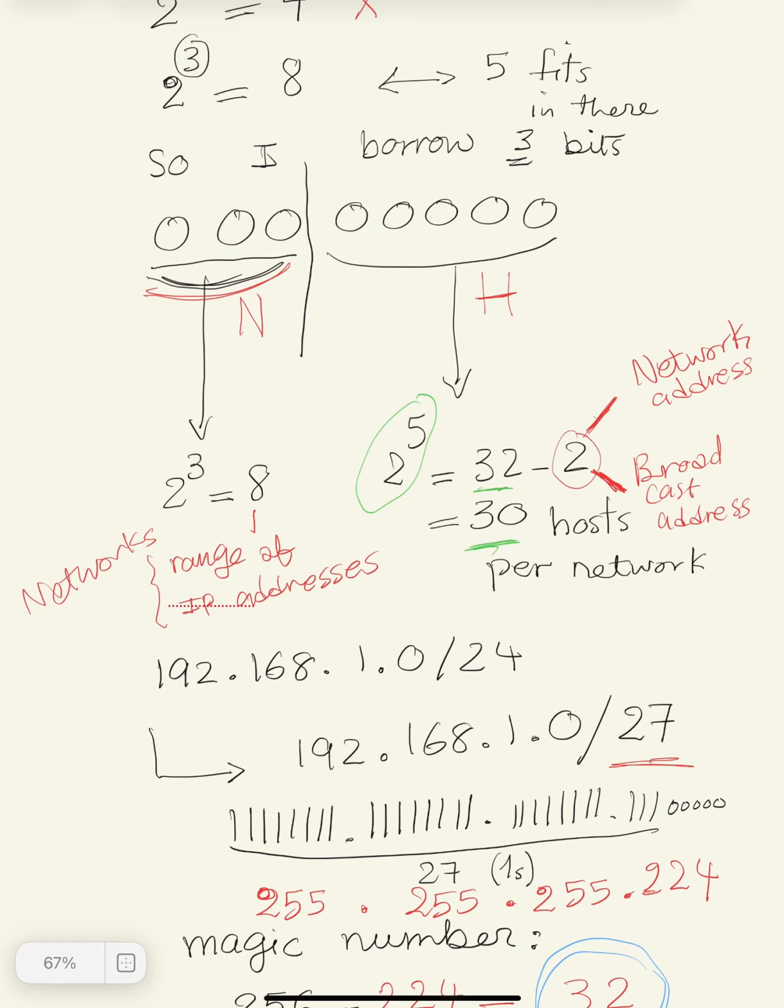And these are the numbers that are reserved and cannot be used to assign to a host. So now, if I write it down, you can see that my original number was 192.168.1.0 prefix 24.